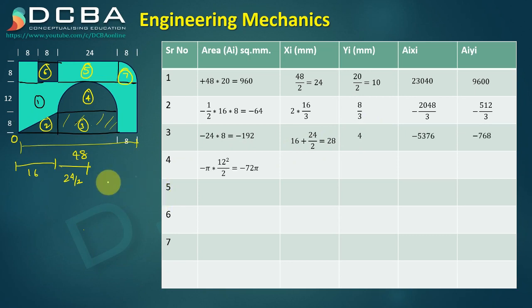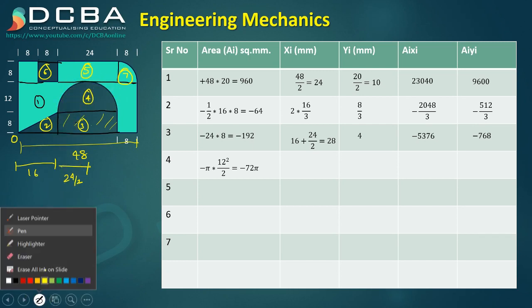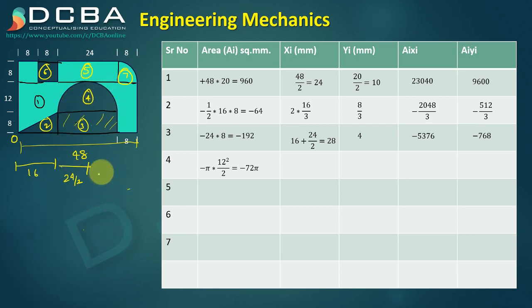The fourth area is the semicircle. Again it's a negative area, so we have minus pi r square by 2. The diameter is 24, so the radius will be 12, so it's minus pi r square by 2. Xi will be 16 plus 24 by 2, so it's again 16 plus 12.